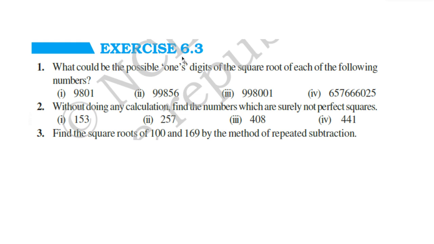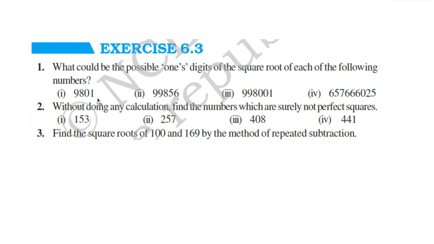Here you have 3 questions in exercise 6.3. First one is, what would be the possible ones digit of the square root of each of the following numbers? Here look at first number 9801. Which number square is ending with 1? You know, 1 square is equal to 1, 9 square is equal to 81.